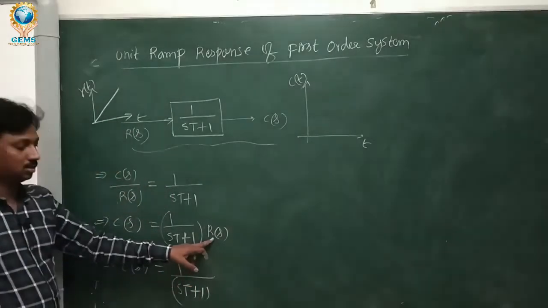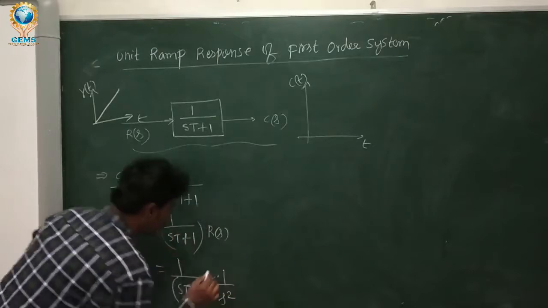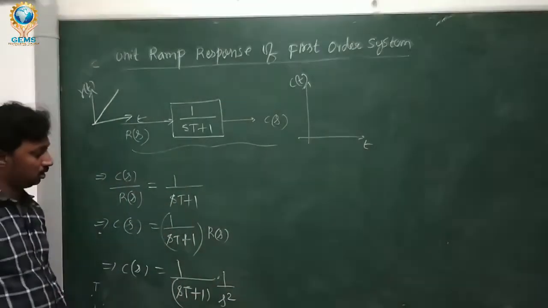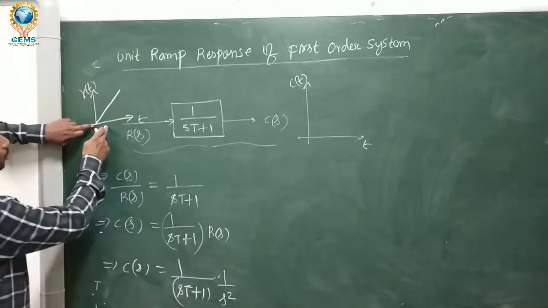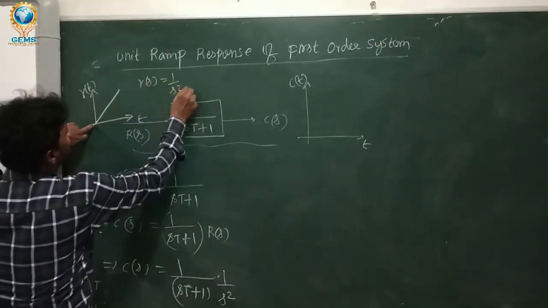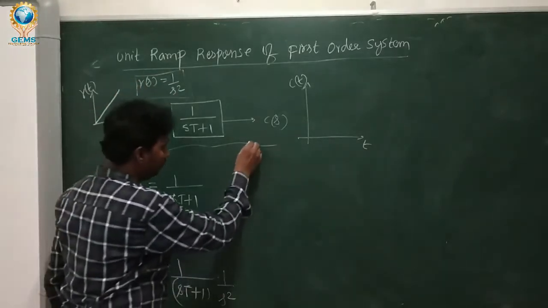What is R(s)? R(s) is equal to 1 by s square. So ramp input means R(s) is equal to 1 by s square.